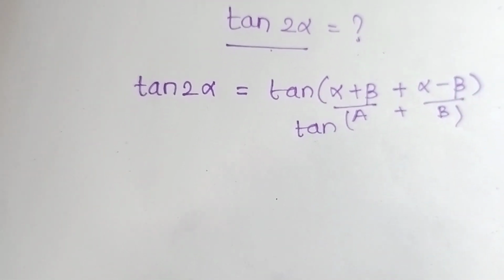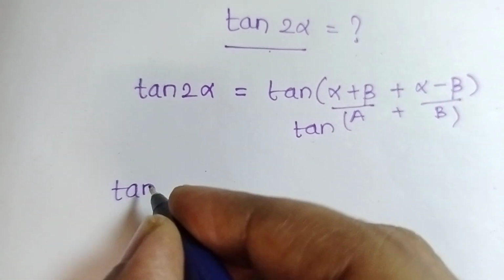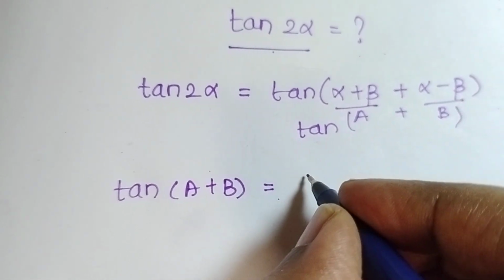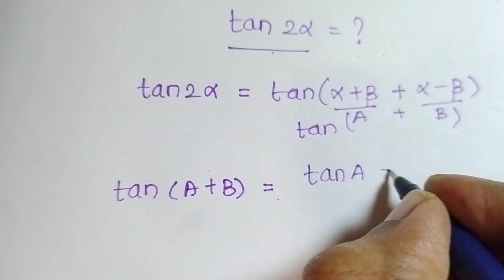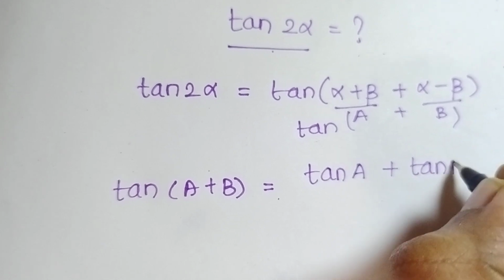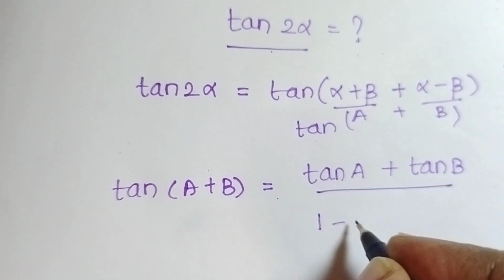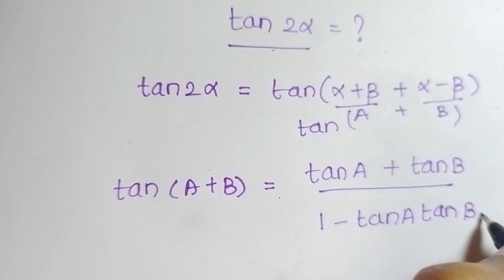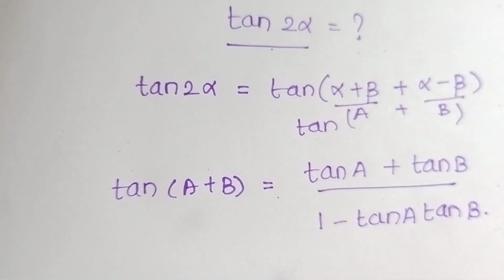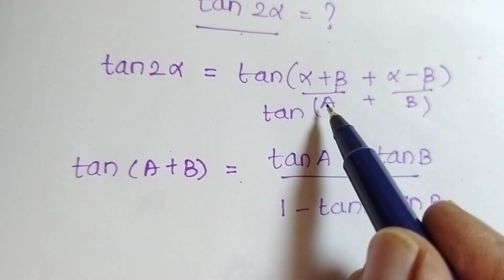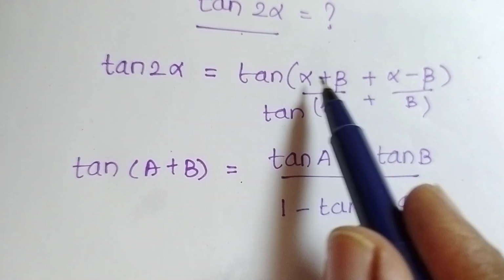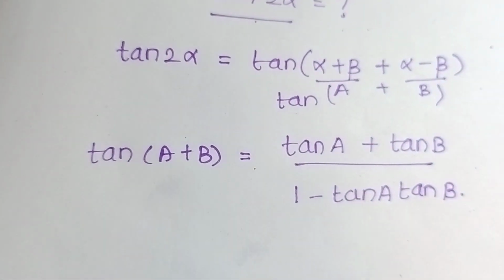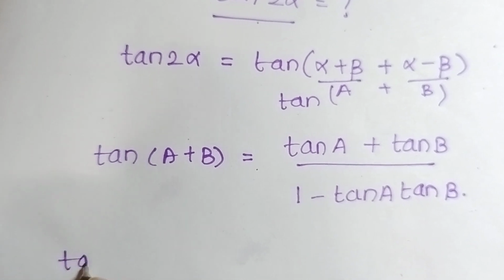So there is a formula for tan A plus B, which is equal to tan A plus tan B divided by 1 minus tan A tan B. This is the formula for tan of A plus B. Here instead of A we have alpha plus beta, so just substitute and rewrite the formula.